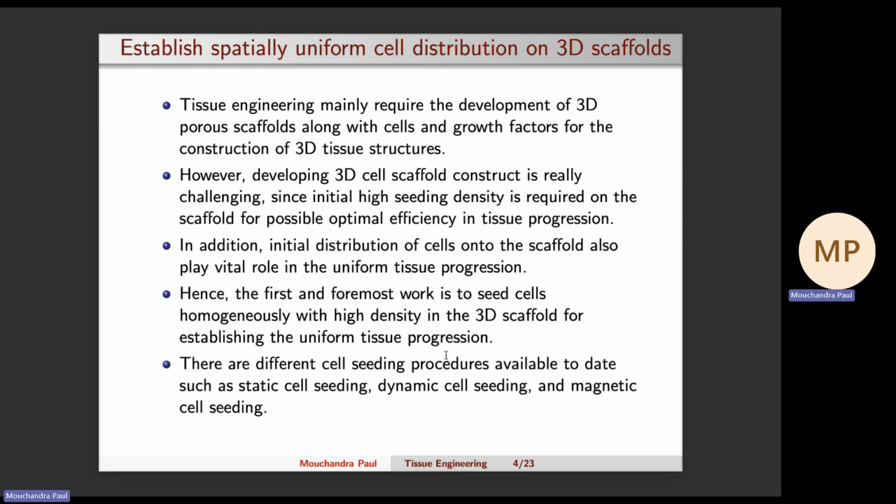Only then will they be able to ensure that the tissue develops in a uniform manner. Now, there are various strategies available to date to seed the cells. You can use static seeding, which is the normal cell culture technique that we do routinely. Then there is dynamic cell seeding and there is magnetic cell seeding.